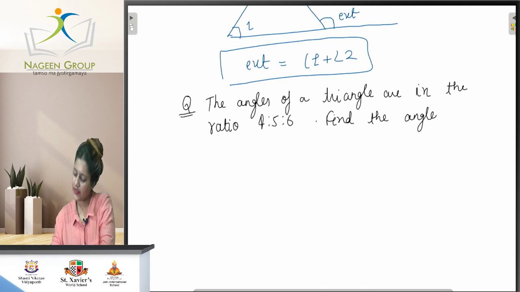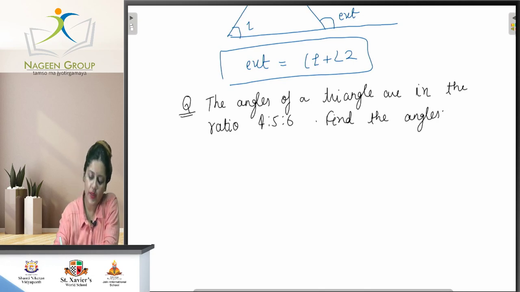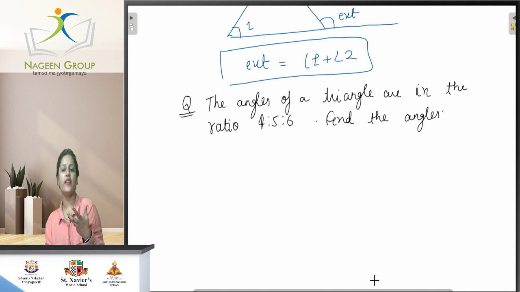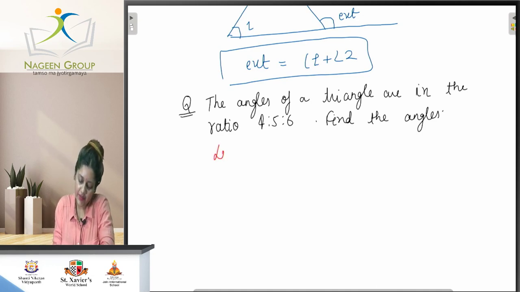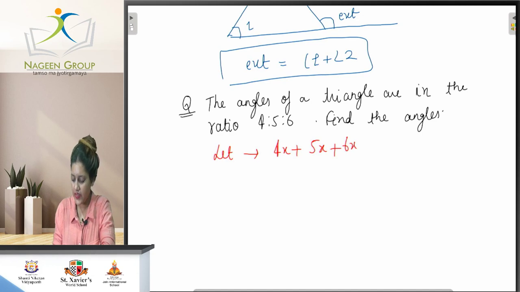Find the angles. What we understand by the property is that the sum of all the angles of a triangle is 180 degrees. So let the angles be 4x plus 5x plus 6x is equal to 180 degrees. We have taken the variable x because the ratio is given.